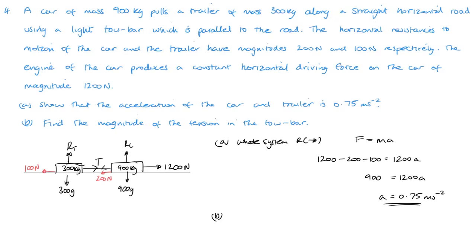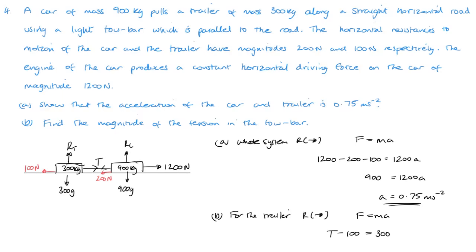Now B, we need to find the tension in the tow bar. So let us look at the trailer and resolving horizontally. So again, we're looking at F equals MA. The forward force will be T minus 100.